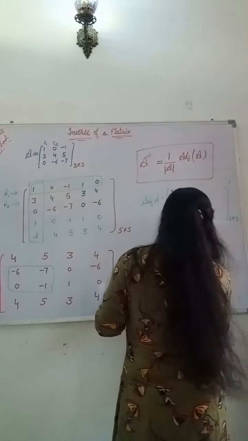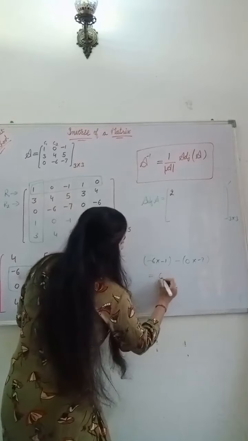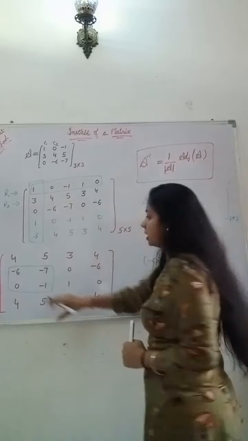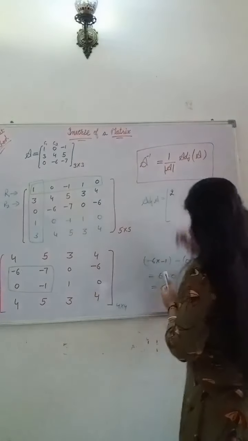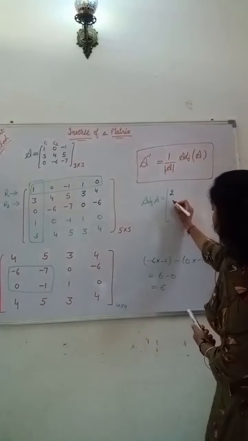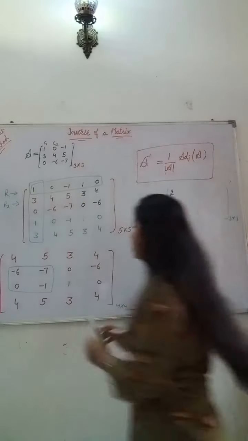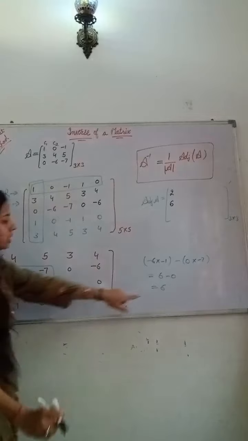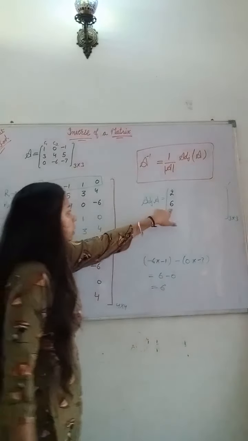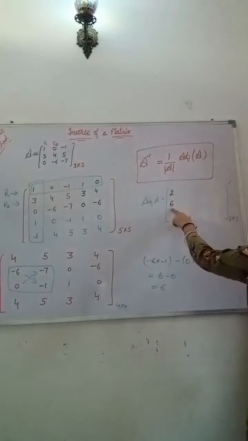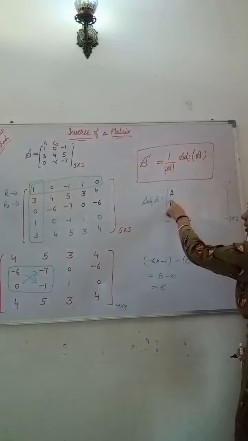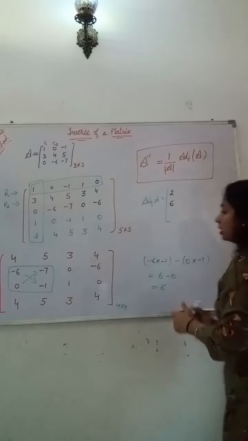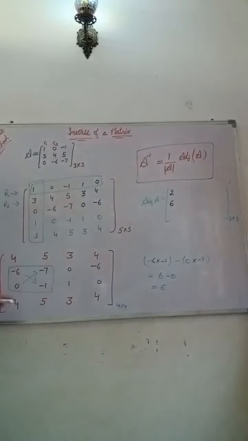It gives me 6 minus 0, that is 6. It means from this I will get here 6. Its cross multiplication gives me 6, and that will be the cofactor of the A21 element. That's it. Now similarly we come to the next 4 elements.